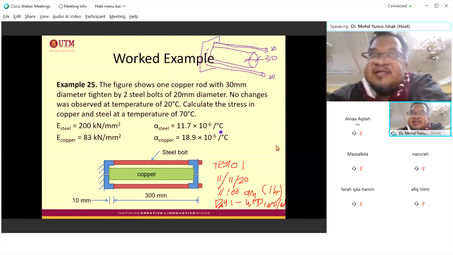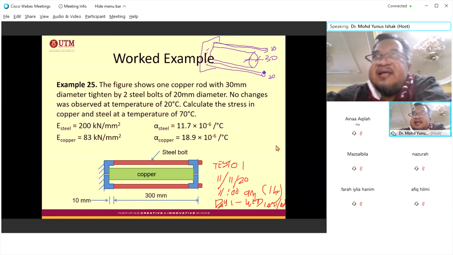Since the temperature is increasing, we allow the deformation.